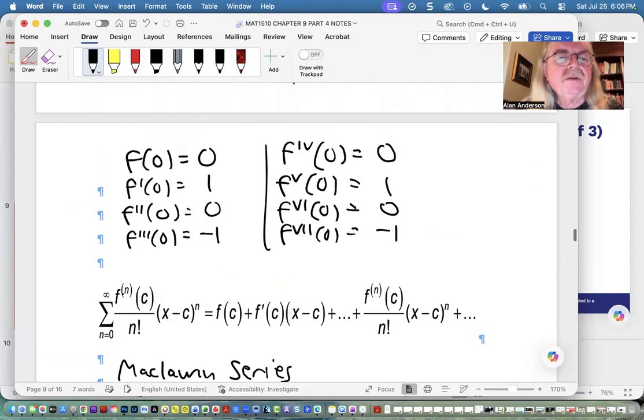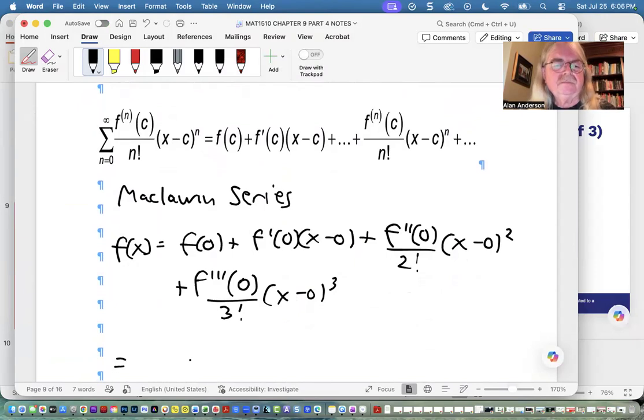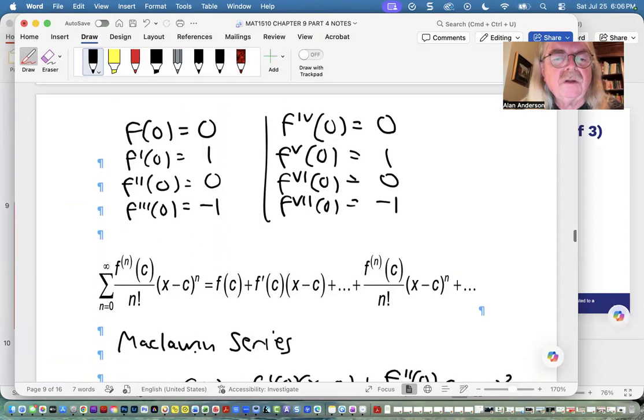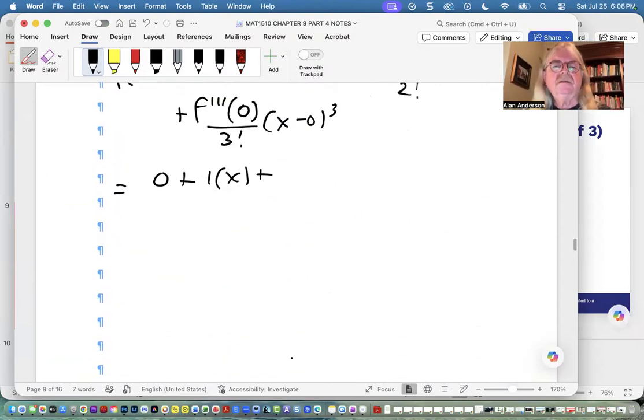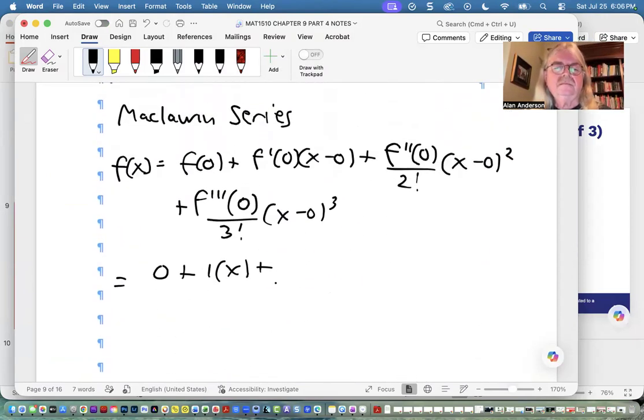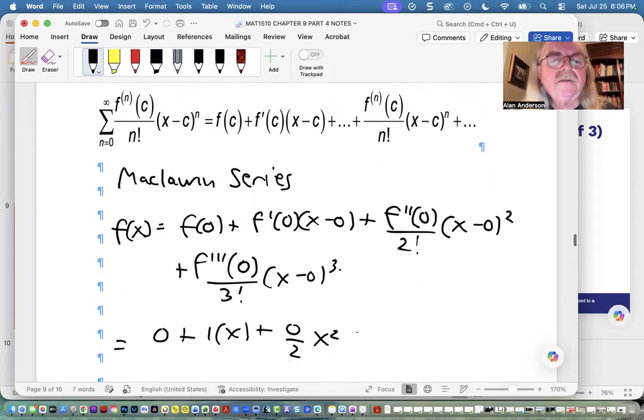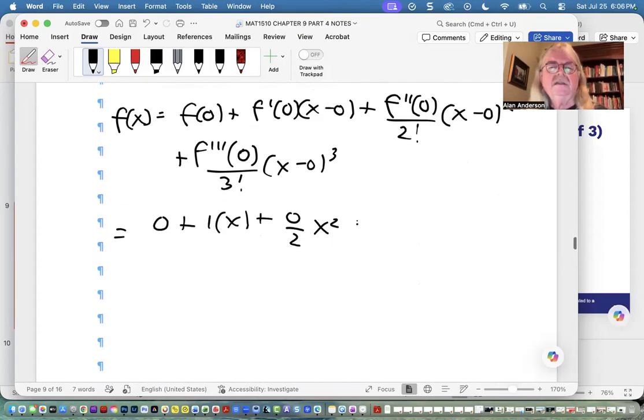All right. So f of zero is zero. F prime of zero is one. F double prime of zero is zero. F triple prime is negative one. 3 factorial is 6, of course.